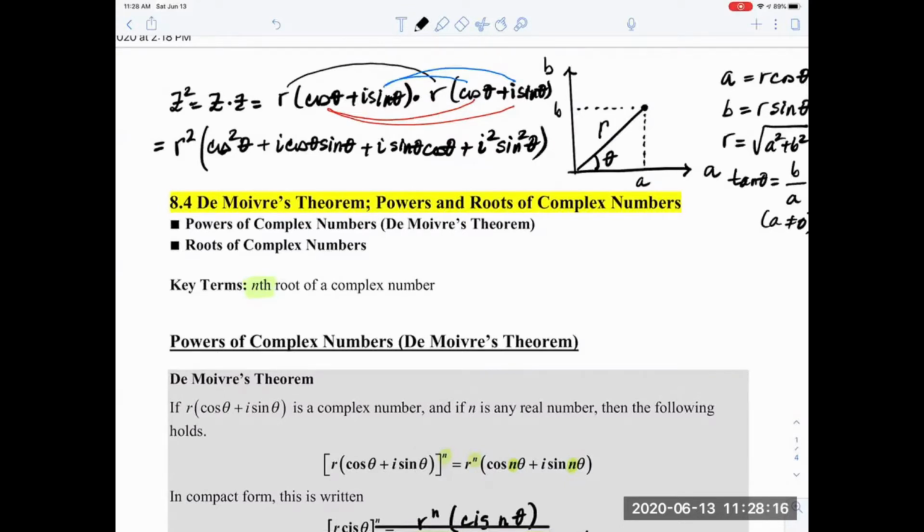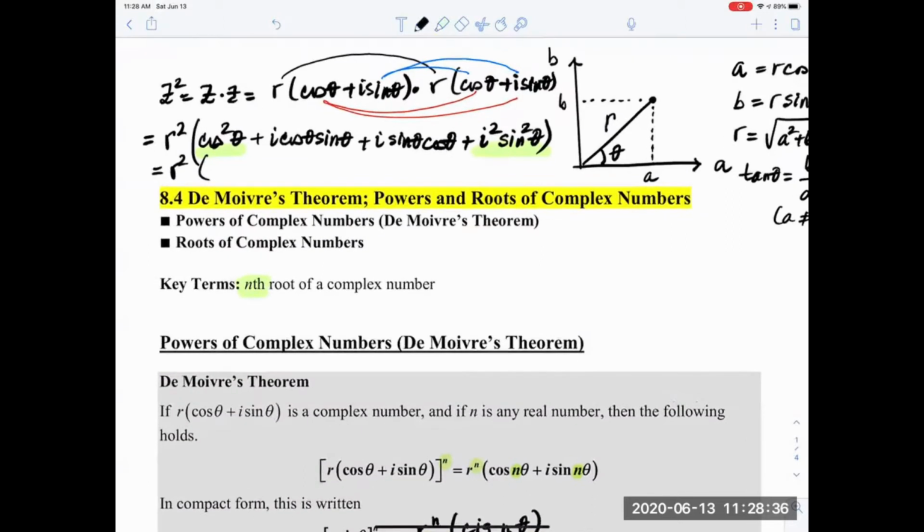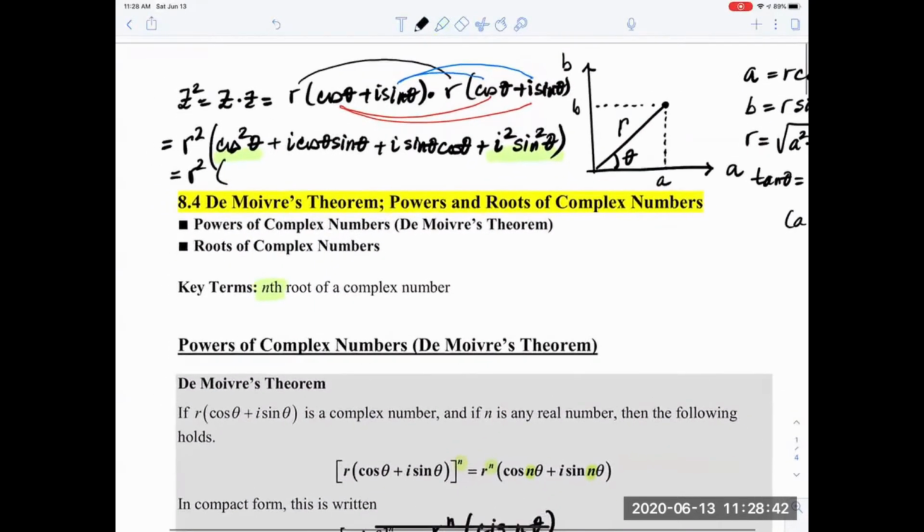So right now, what you're getting here is equal to R squared parentheses. I squared is minus 1, and you have the fundamental cosine squared plus sine squared. Or I can write it in order: cosine squared of theta plus I squared sine squared of theta plus 2I sine of theta cosine of theta.